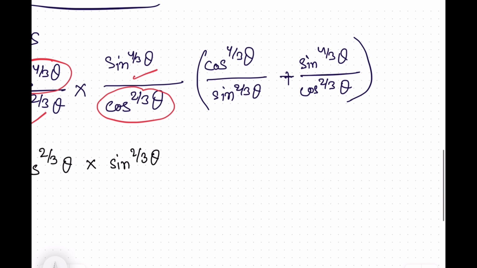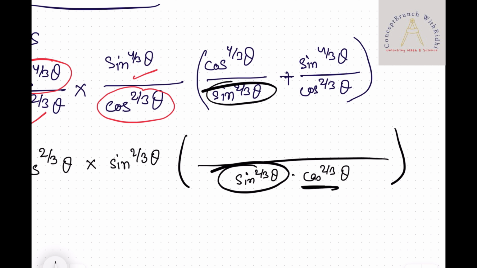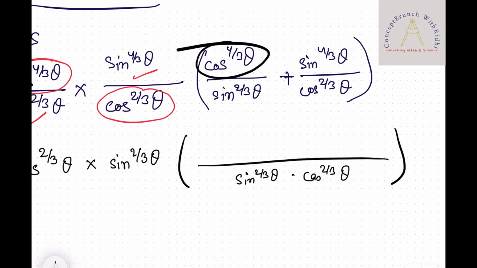Look, take an LCM. So sine 2 by 3 theta times cos 2 by 3 theta. Okay, look at here now. If we divide this sine 2 by 3 theta with this, what is the remaining? 2 by 3 theta, right? So with this 2 by 3 theta, what will we do? We'll multiply with this one, correct?